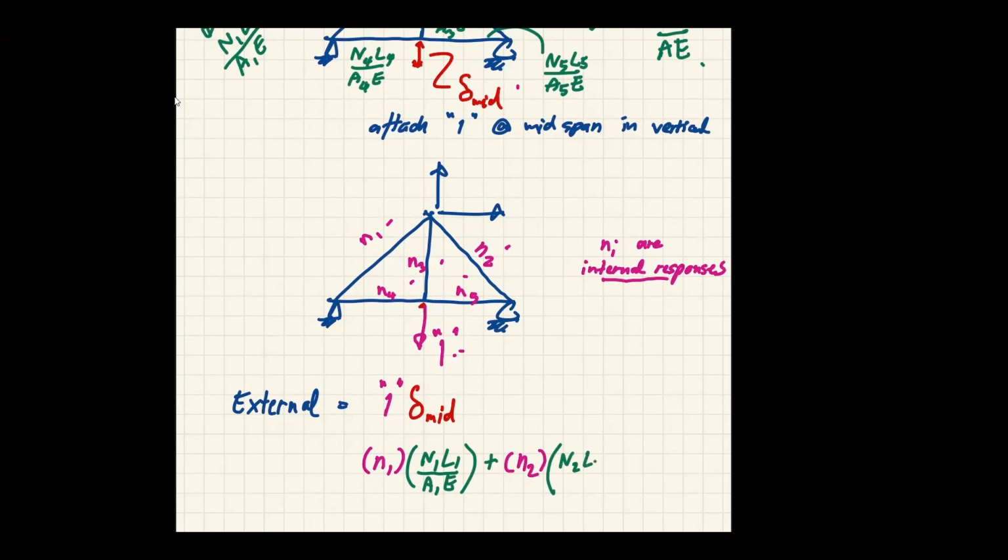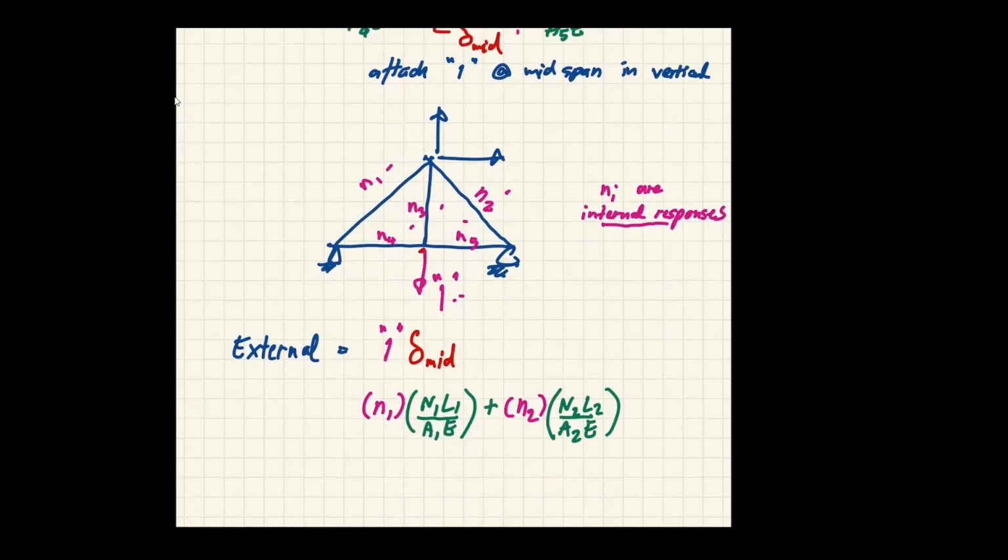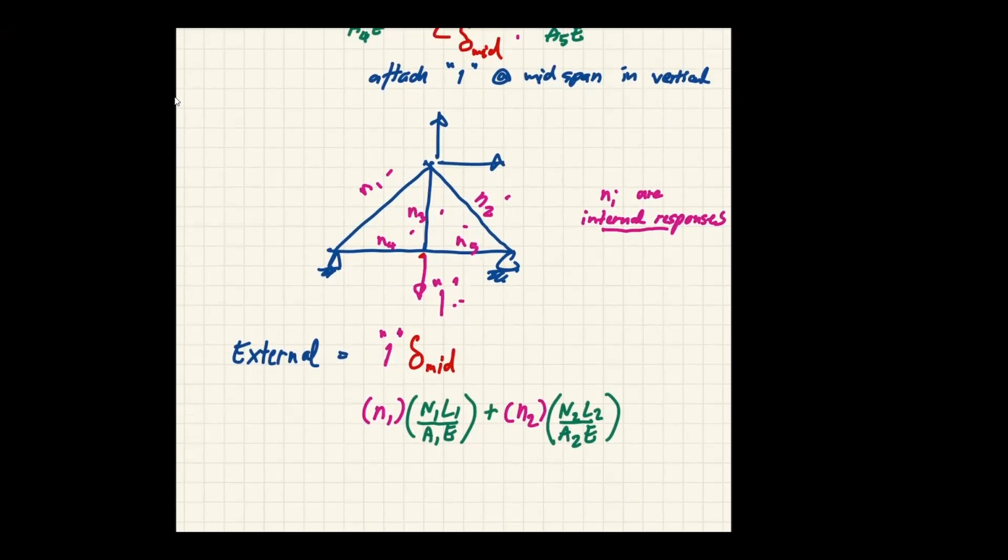So it's N2 L2 over A2 E. Okay, and we keep doing the same until N5, which, you know, the distance becomes N5 L5 over A5 E. Or I can simply say that this is, of course, the internal work.